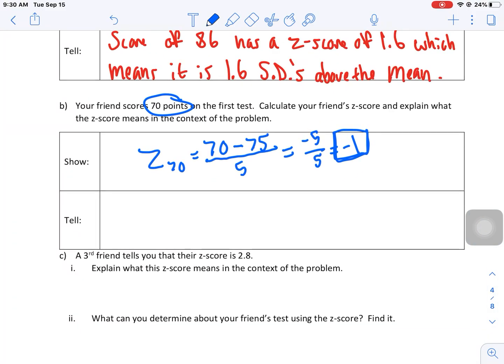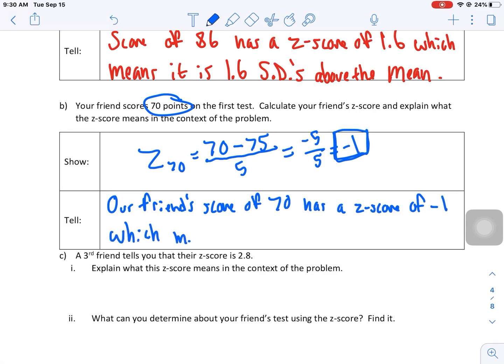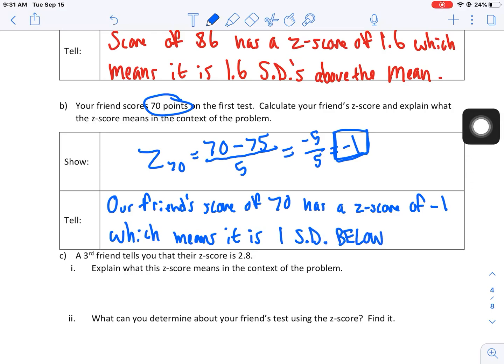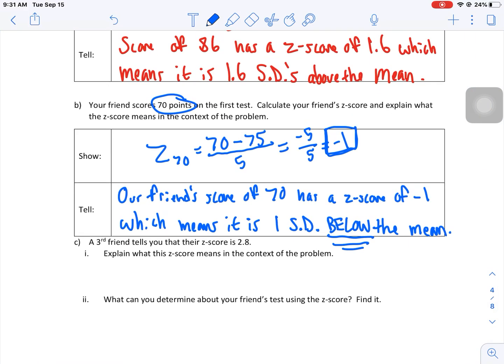So let's say our friend's score of 70 has a z-score of -1, which means it is one standard deviation below the mean.